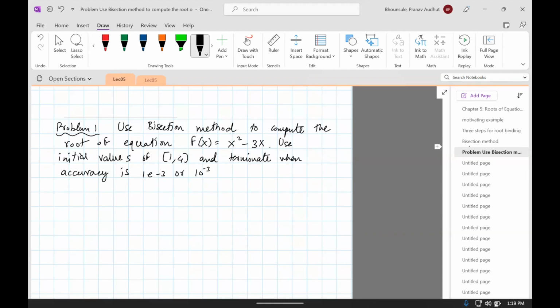So once you are agreeing in the third decimal place, you should just stop.